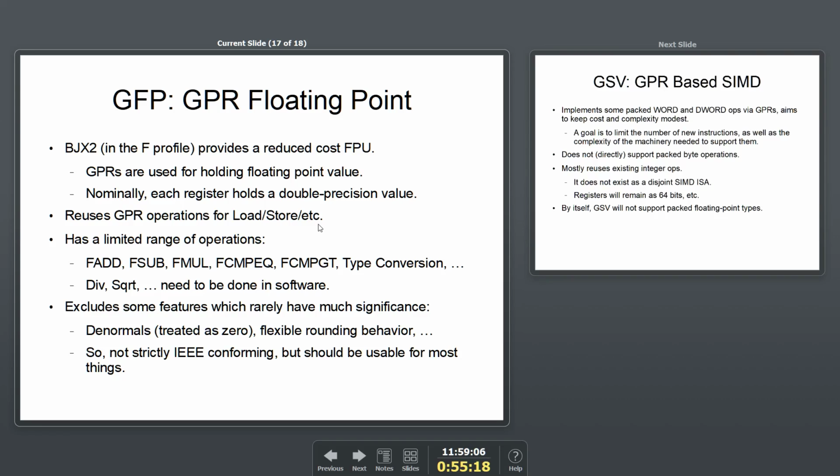So there's no need for dedicated float or double load or store operations in this case, because you can just use the double and quad word operations instead. Though as a cost of that, it needs to use explicit type conversions to load and store 32-bit floats, so it doesn't come free.